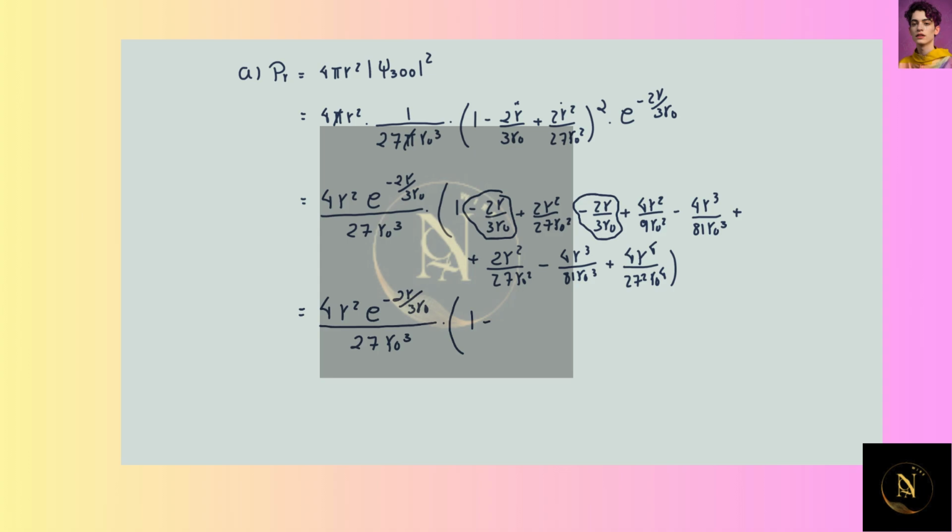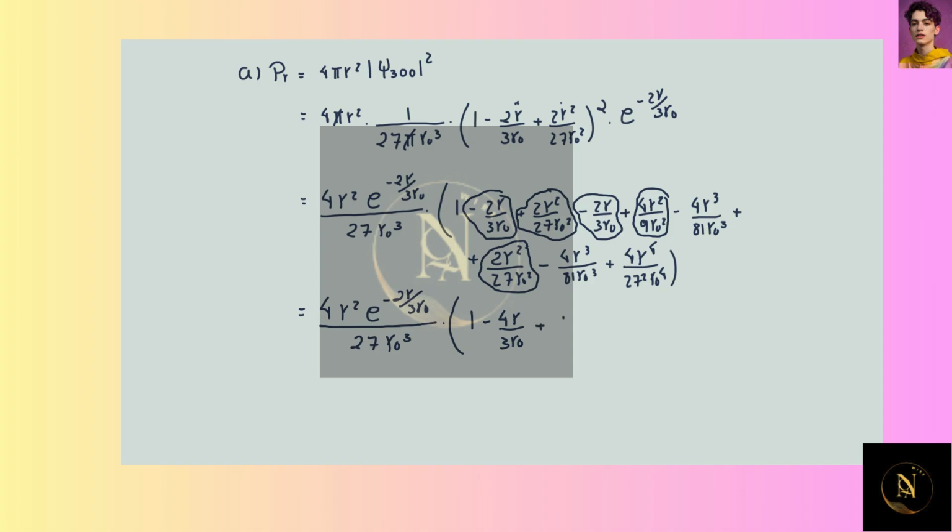So minus 4r divided by 3 r0. Now we have this term, which is divided by 27 r0 squared, this term, which is also divided by 27 r0 squared, and this term, which is divided by 9 r0 squared. So we can write it as follows.